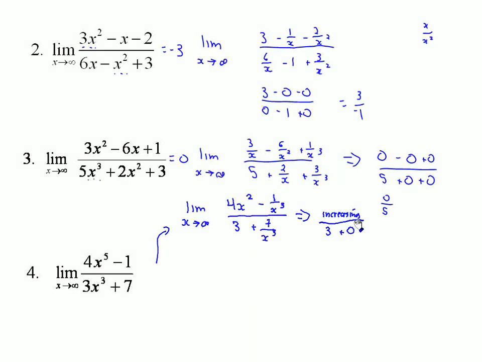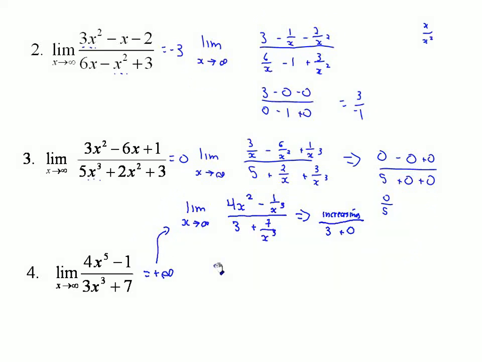Now when you have an increasing number over 3, the denominator doesn't really matter. It's still increasing. So the correct answer is that this is positive infinity. 4x squared is going to get bigger and bigger and bigger. The denominator stays the same.